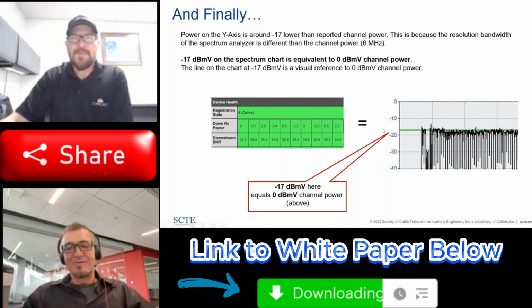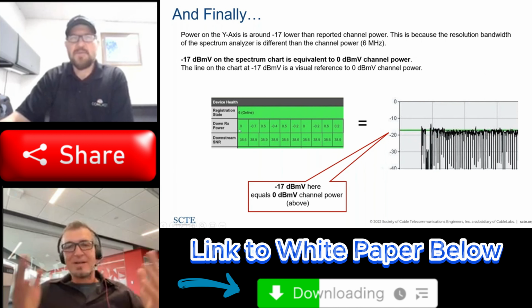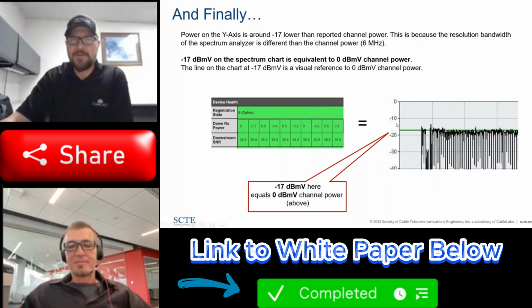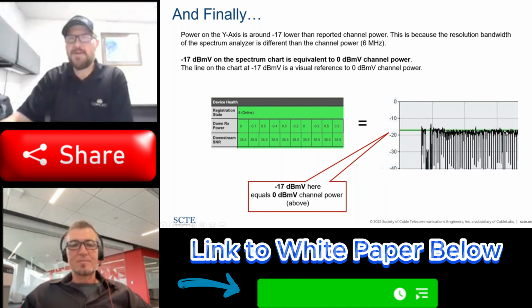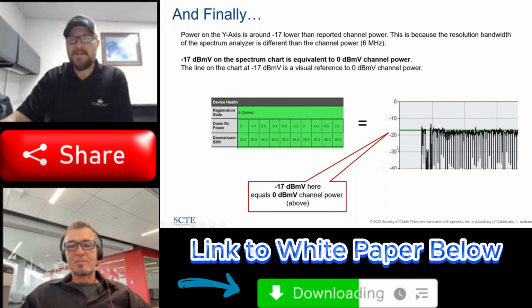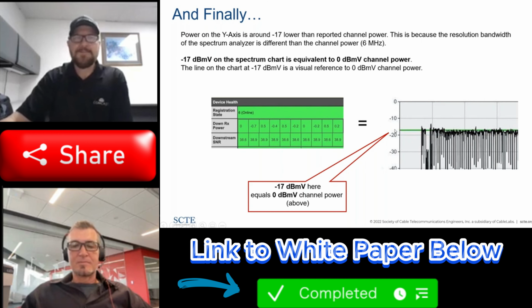So that's why we put a little visual reference in there for you. So in this example, if we're looking at the downstream receive powers right around 0, right? But that's equal to, in the visual reference, the peak of those carriers at about -17. So when you're looking at your full band capture display, pay attention to your vertical axis because 0 is approximately -17 dB in this scenario.